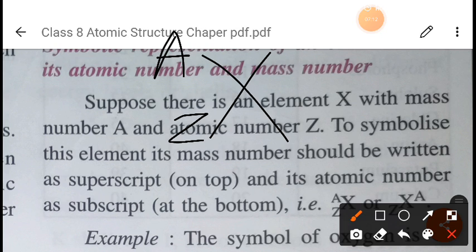Suppose for example oxygen. What is the atomic number of oxygen? The atomic number of oxygen is 8, so we write 8 here. What is the mass number? The mass number is 16, so we write 16 here. I hope you have understood this.